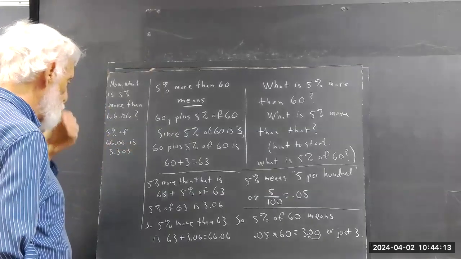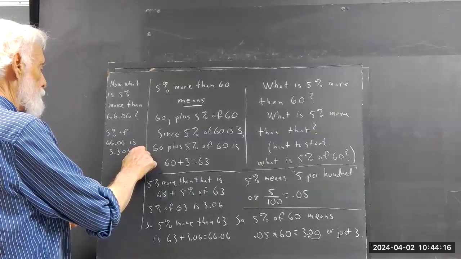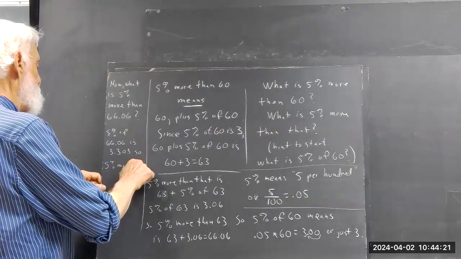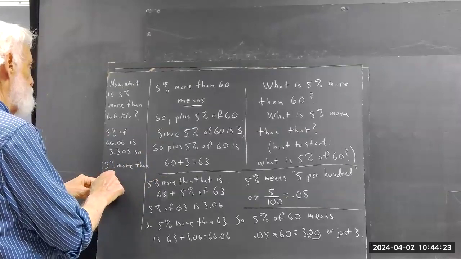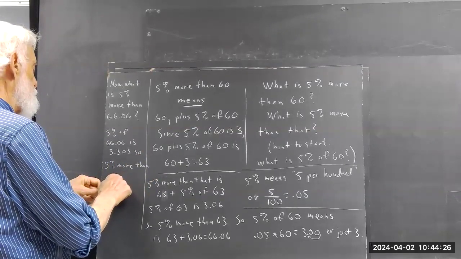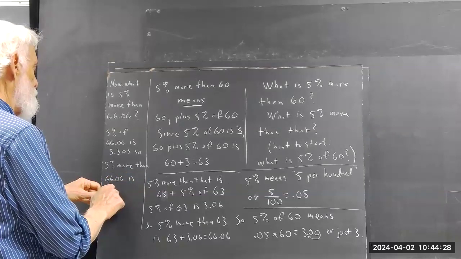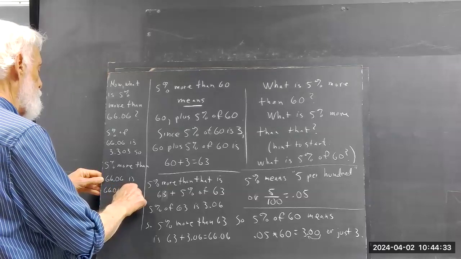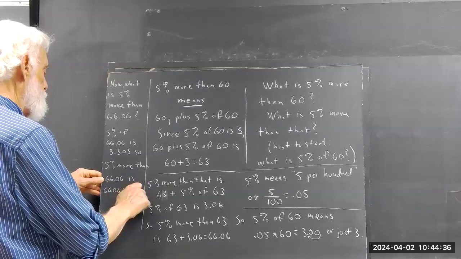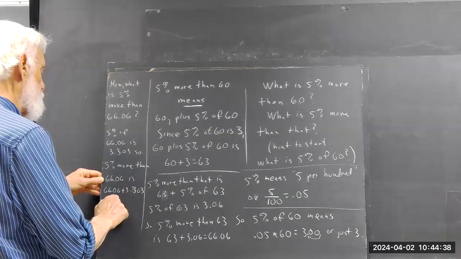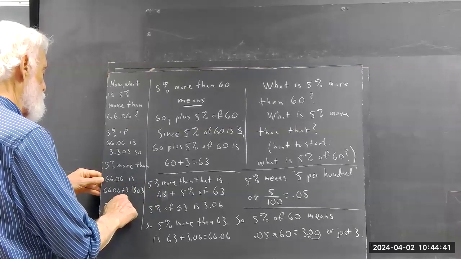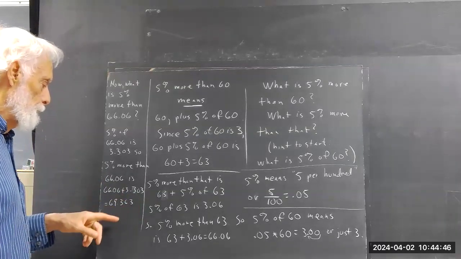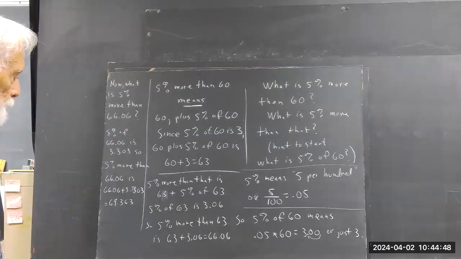That is 3.303. 5% more than that is 69.363.